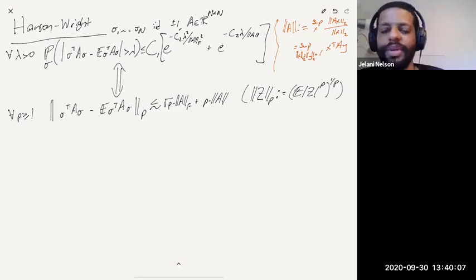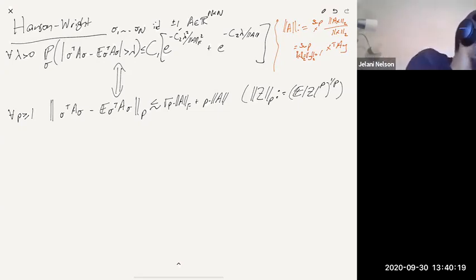In our examples, if you remember, when we applied Hansen-Wright to proving the distributional JL lemma, our matrix A was of the form B transpose B for some other matrix B. If you remember, our B looked sort of like Z transpose, Z transpose, Z transpose, and then zeros everywhere else and a 1 over root m.